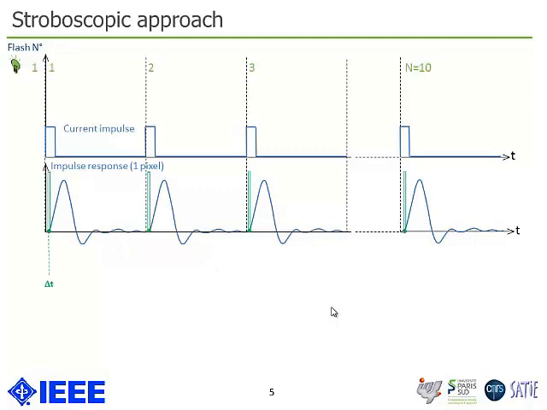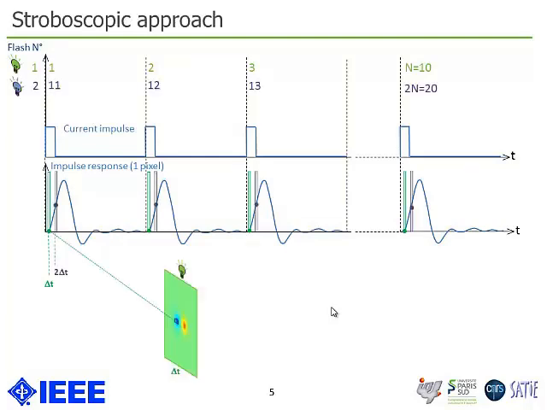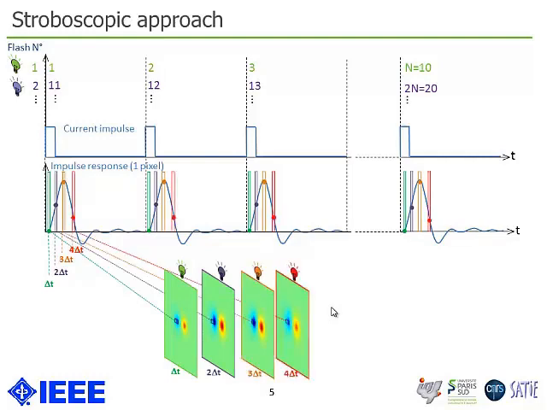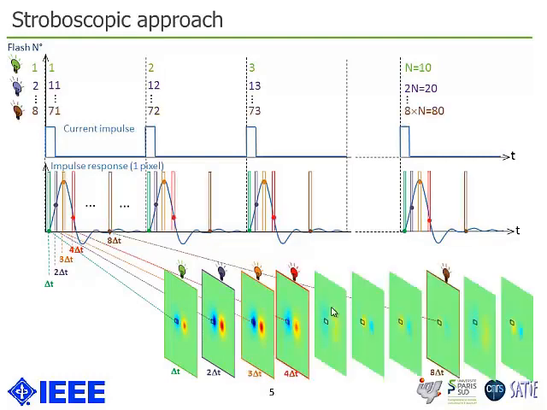This is done by means of light flashes which are synchronized with the eddy current pulses, and progressively time shifted during all the period of the eddy current pulses. In this manner, you are able to build the whole sequence of the two-dimensional response of the system to an eddy current impulse.